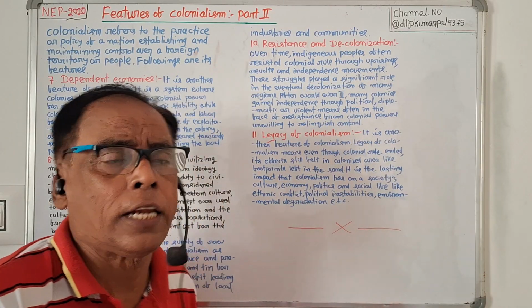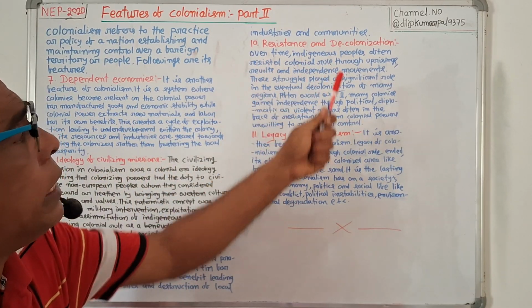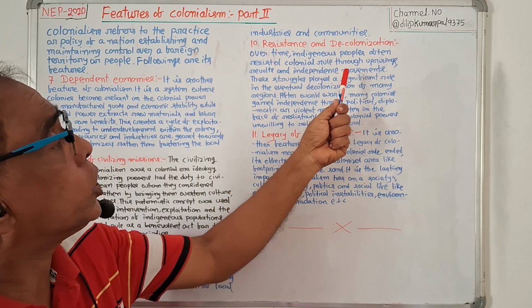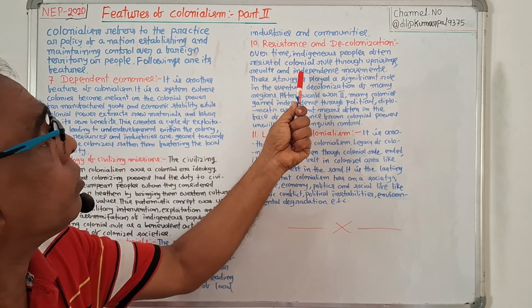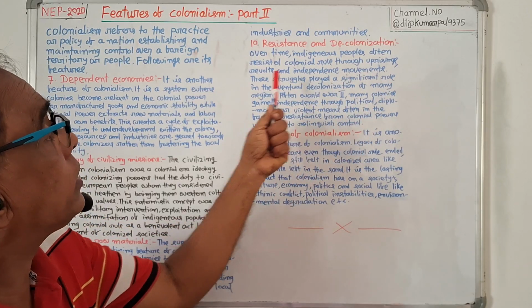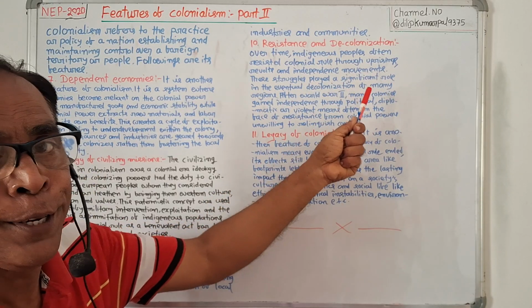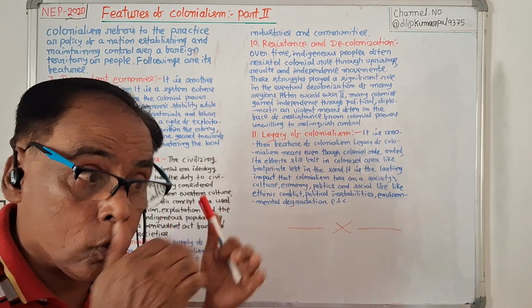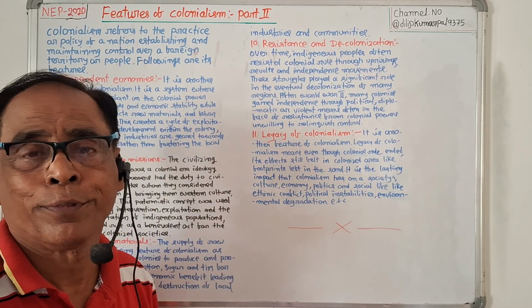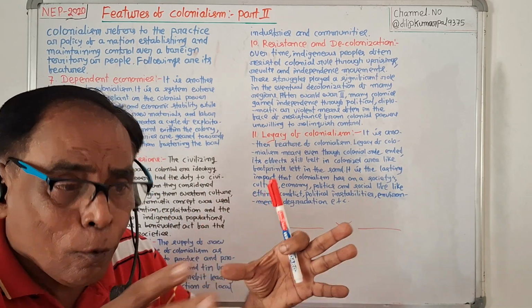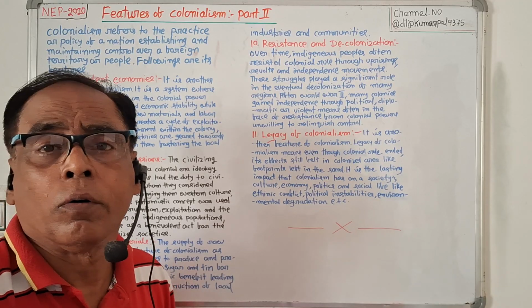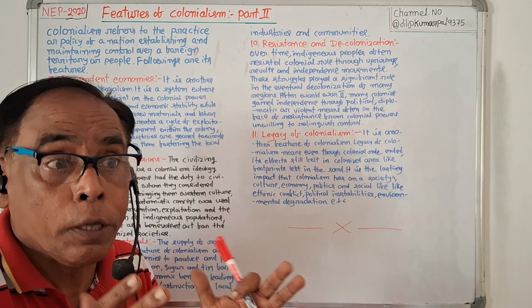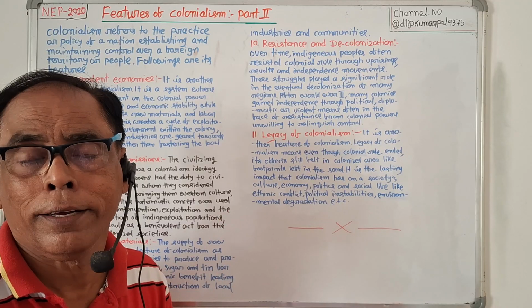Another feature of colonialism is resistance and decolonization. Over time, indigenous people often resisted colonial rule through uprisings, revolts, and independence movements. In colonialism, colonial powers started to exploit the people of colonies. Gradually, people of colonies became aware that they were being exploited.